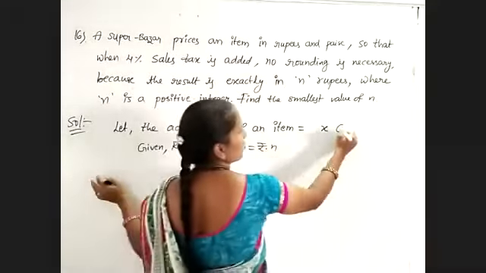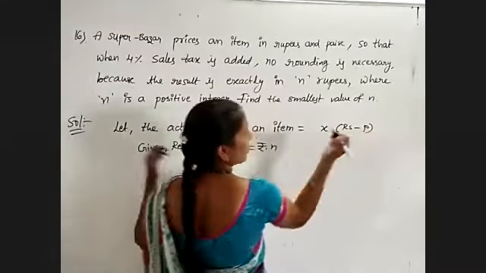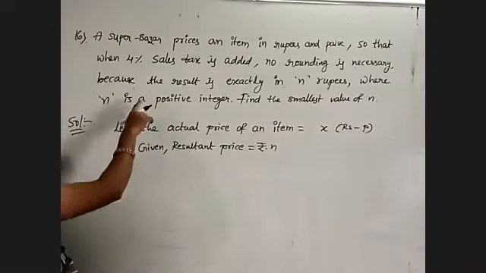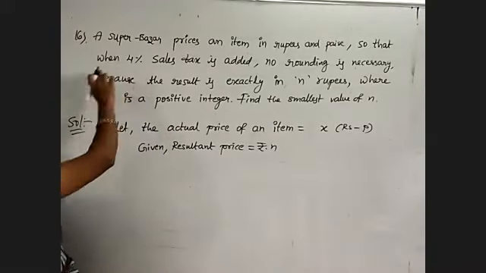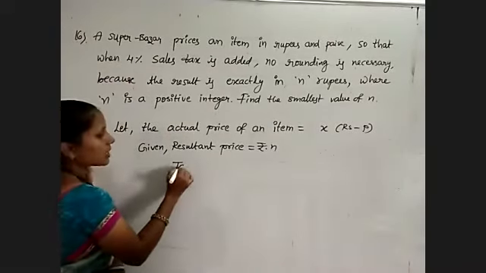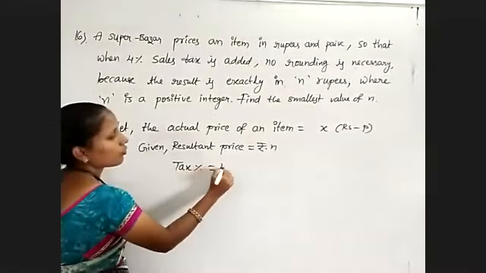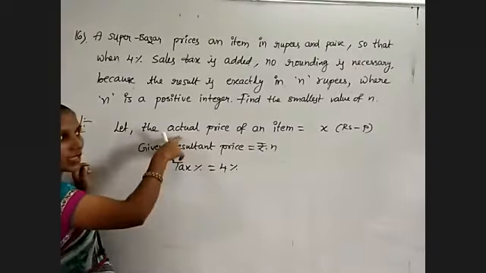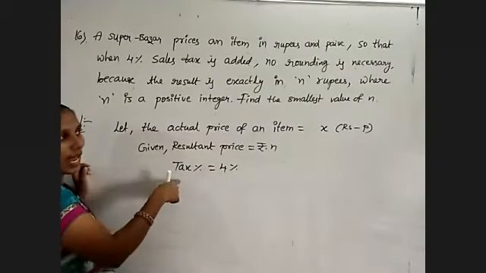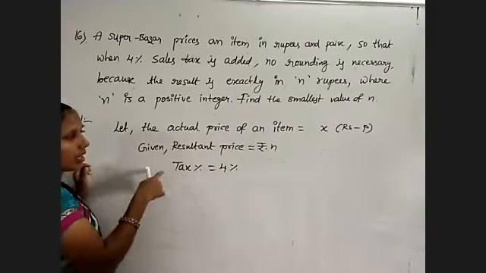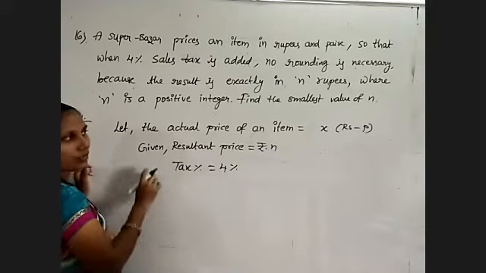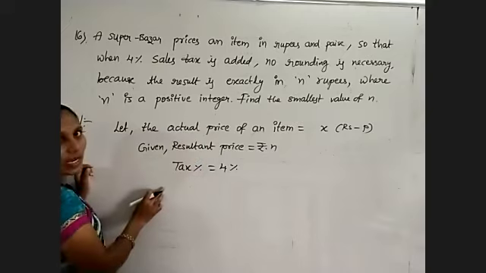x is in rupees and paisa here, and n rupees is what is given, and the tax percentage is equal to 4%. This tax percent we apply on the actual price and then add it.